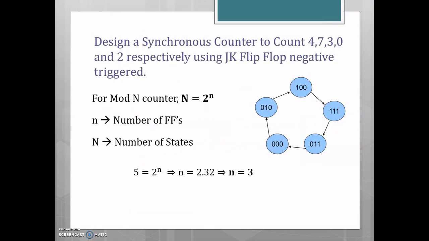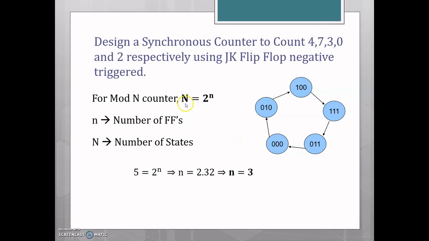Next, coming to the general design of an arbitrary counter. This counter is going to count the sequence 4, 7, 3, 0 and 2, and they have given that we need to use JK flip-flops. First of all, we need to determine the number of flip-flops required.